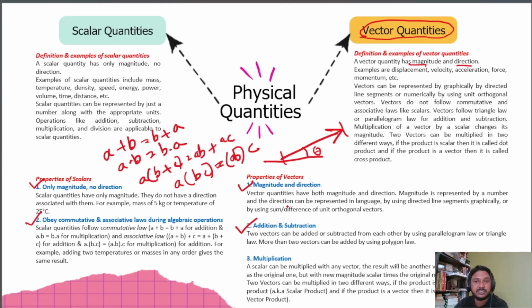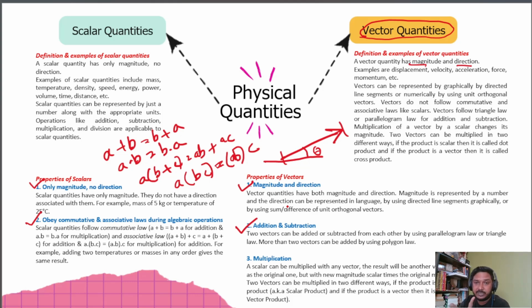But if the velocities are in different directions, say one velocity is towards east and the other towards south, then if we add them, the result is neither along east nor along south, and the magnitude will also not be equal to the sum of their magnitudes. So in that case, we have special laws with which vectors, which have both magnitude and direction, can be added and subtracted.